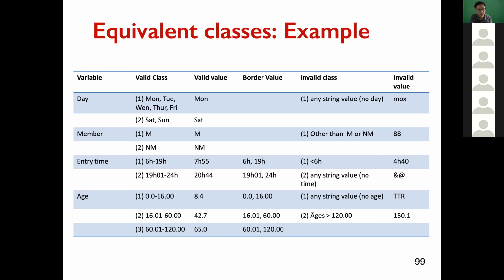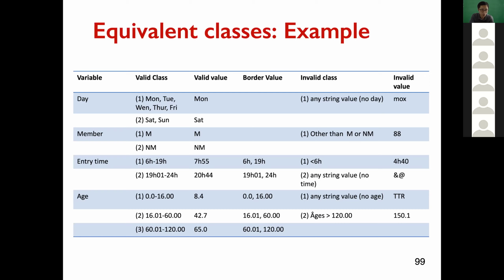So we choose the values. For example, for the partition from 6 o'clock to 19 o'clock, we can choose a value of 7:55, right? And for border values, we choose both 6 and 19, right? Okay.